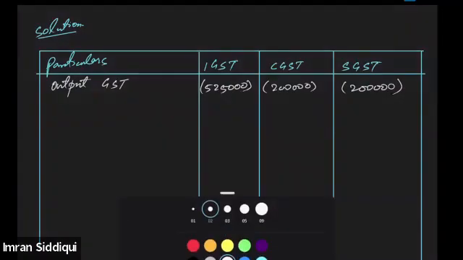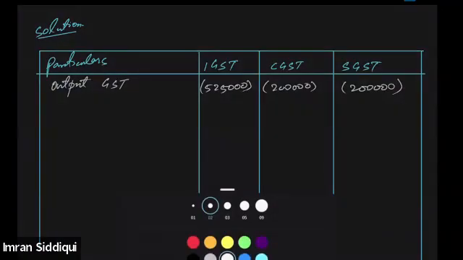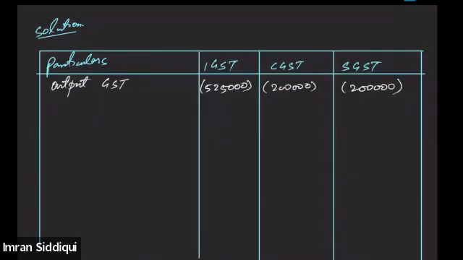Now we'll set off, first of all, out of this, the input GST that we had paid. Setting off input IGST.